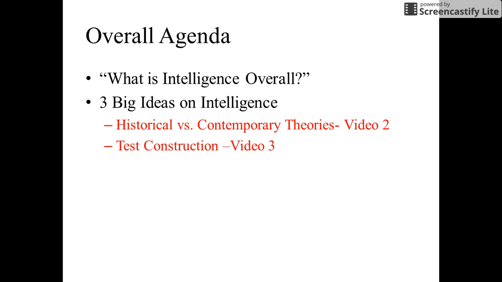The next one we're going to talk about is test construction. How do they design these intelligence tests? What are different types of tests that you maybe have taken? This will be video 3. And then the last one, we'll be talking about the different levels of intelligence. This will be video 4, talking about things like having a low intelligence versus a really high intelligence.